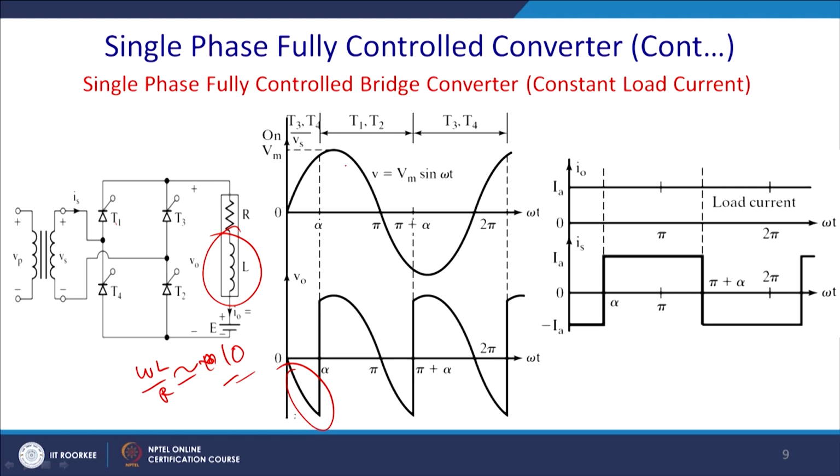So, since the load current is continuous, the effect of the back EMF may not be seen. Thereafter the thyristor is triggered at an angle alpha, it will conduct from alpha to pi plus alpha, so 180 degree, thereafter again T3 and T4 will come into the picture.